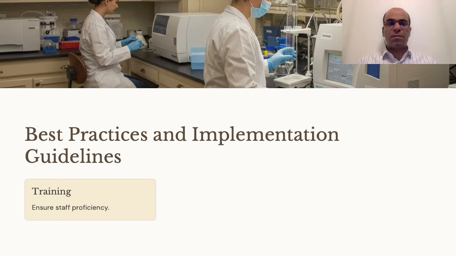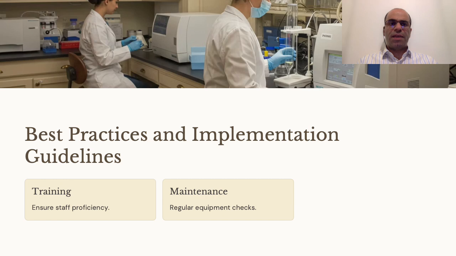Training is about ensuring staff proficiency through comprehensive initial training and ongoing education. Include hands-on practice with equipment, troubleshooting scenarios, and regular competency assessments. Consider manufacturer provided training programs for specialized instruments.